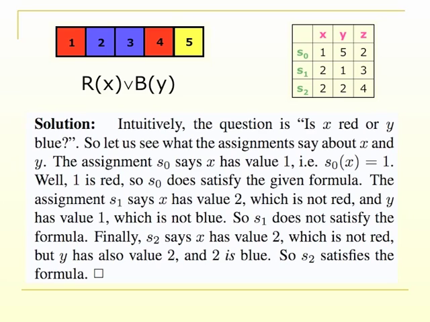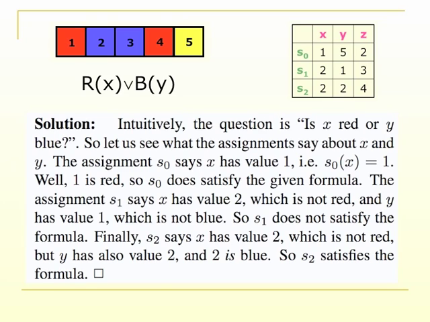Okay, let's look at it a little bit more formally. Intuitively, the question is, as noticed, "is X red or Y blue?" So let us see what the assignments say about X and Y. The assignment S0 says X has value 1, that is S0(X) is 1. Well, 1 is red, so S0 does satisfy the given formula.